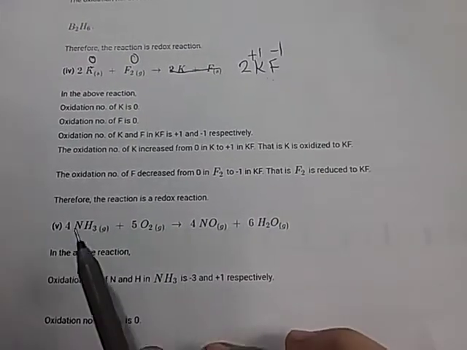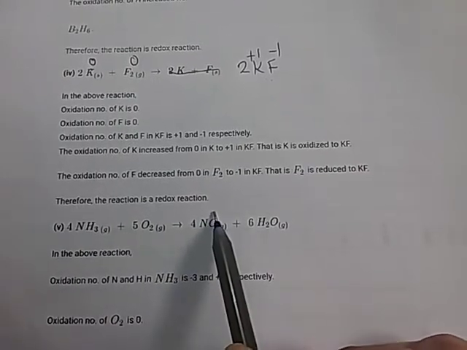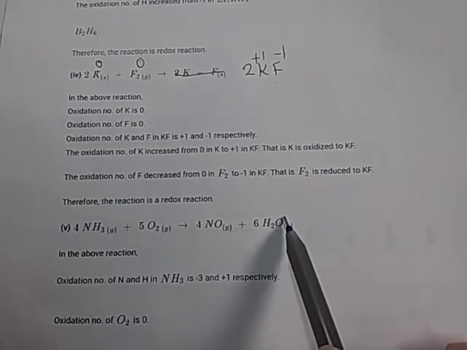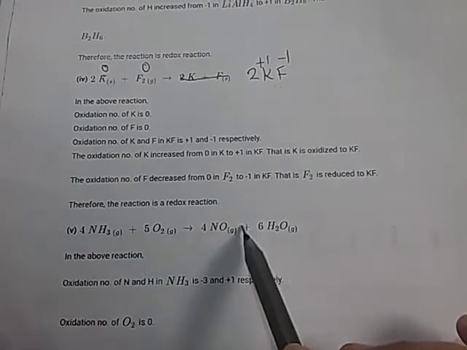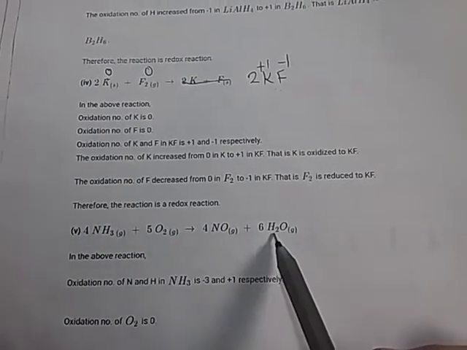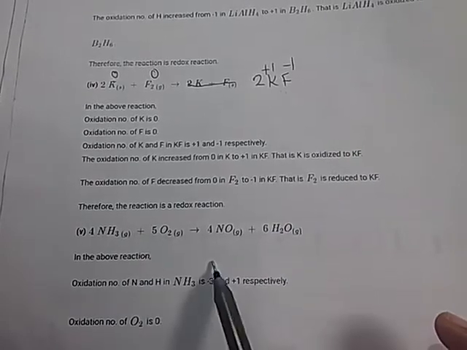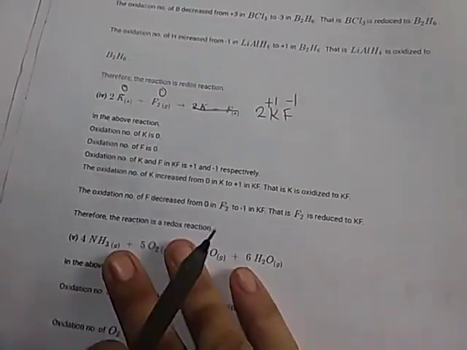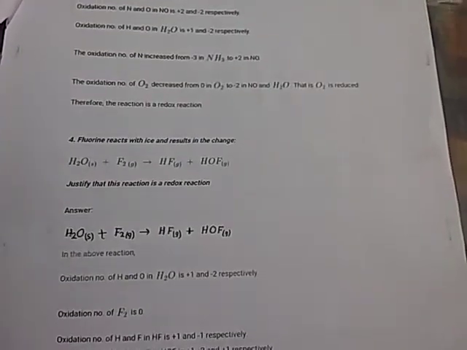So nitrogen goes from minus 3 to plus 2, and oxygen goes from 0 to minus 2. Gain of electron is reduction, and loss of electron is oxidation. Both occur in one reaction, so this is a redox reaction. We only need to see the oxidation numbers to identify oxidation and reduction.